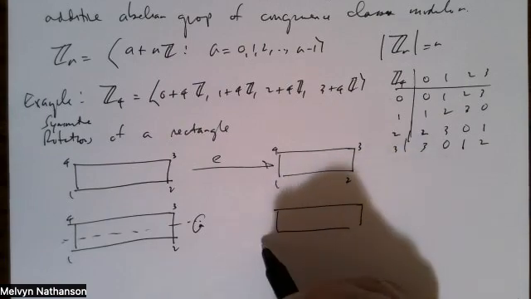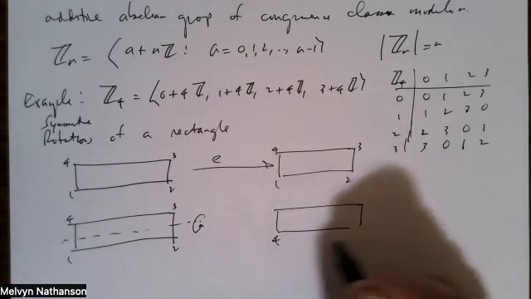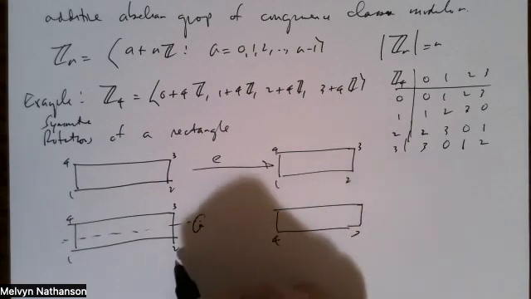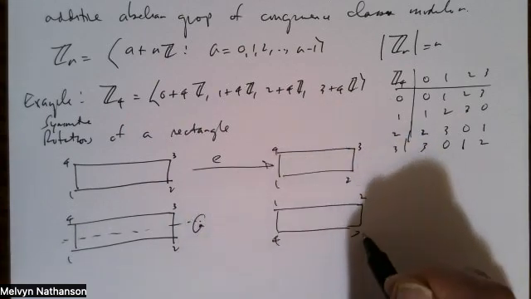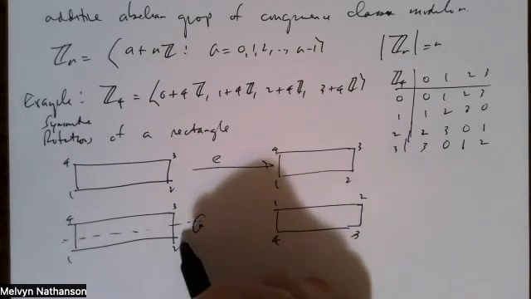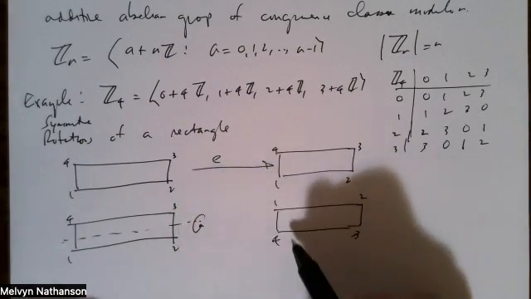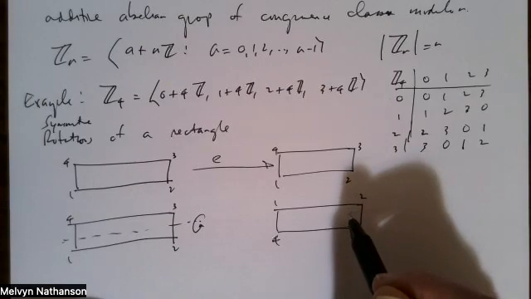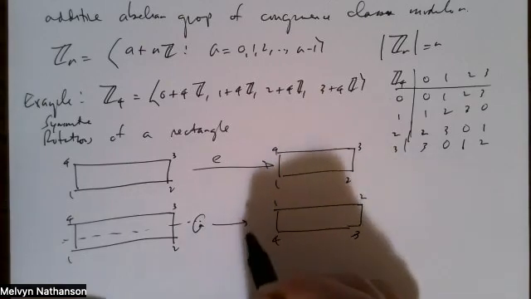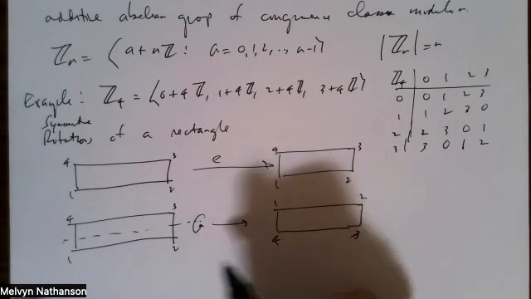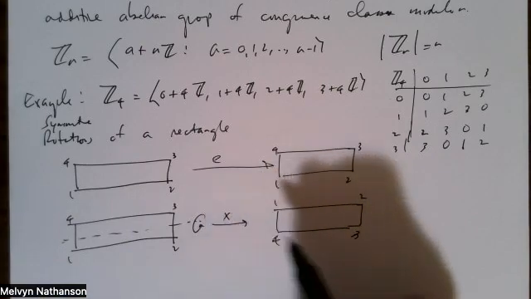So then the top, 4, 3, goes to the bottom, and the bottom, 1, 2, goes to the top. So when I rotate this horizontally, I get the rectangle sitting like this. I'll call it X.